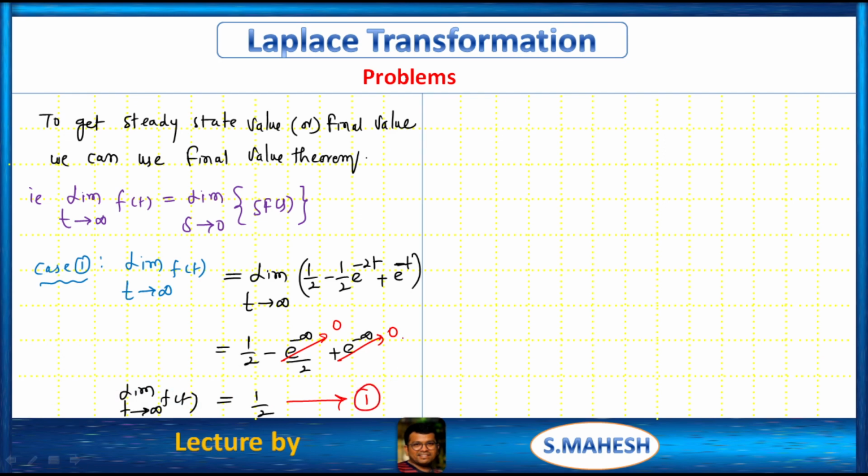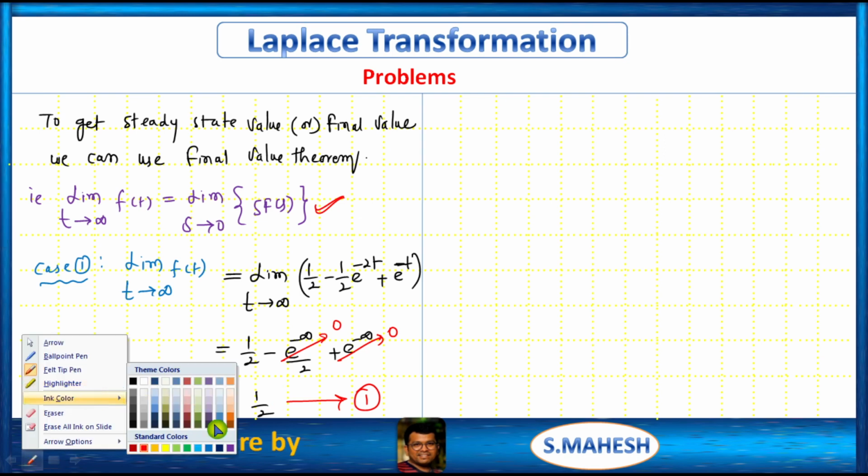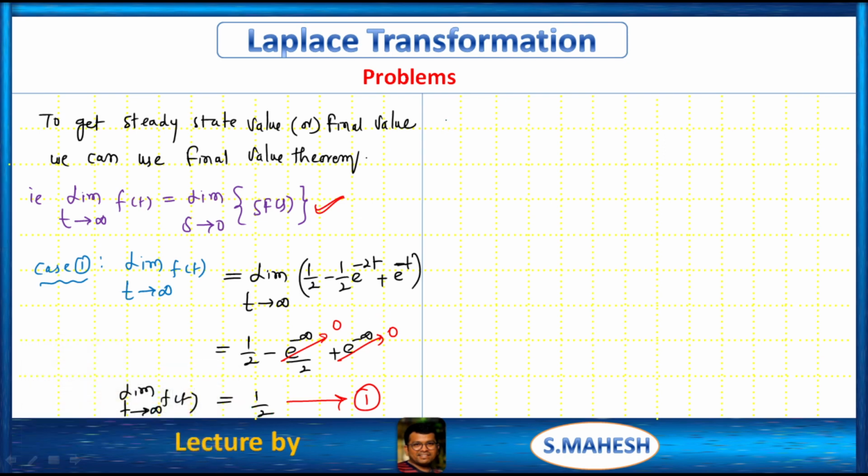Now we have to verify this answer by using the s domain. From the time domain, we have the final value of 1 by 2. Now we have to verify this with respect to the s domain. Let us consider that case as case 2. Now we have to consider limit s tends to 0 s into f of s.